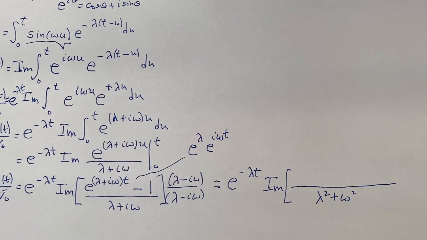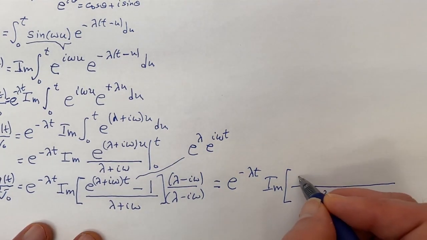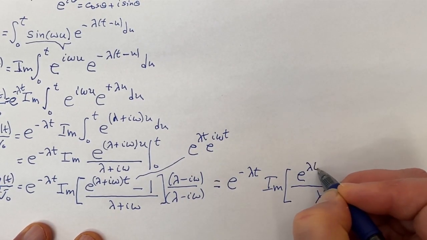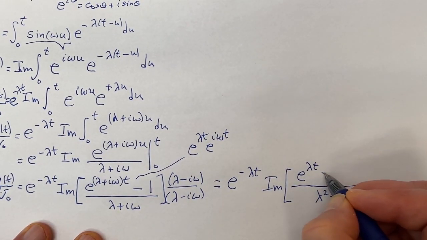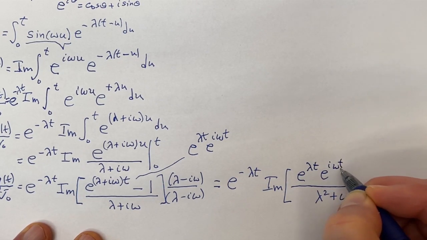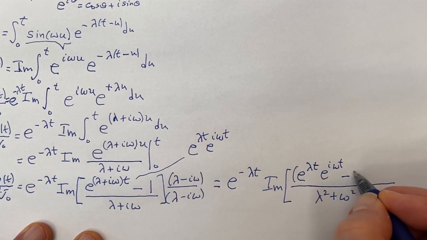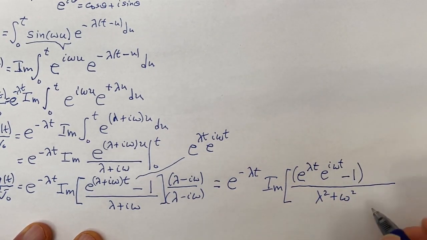So I'll have here e to the lambda t times e to the I omega t, like that. And that's going to then be minus 1. And then that's going to multiply the lambda minus I omega.